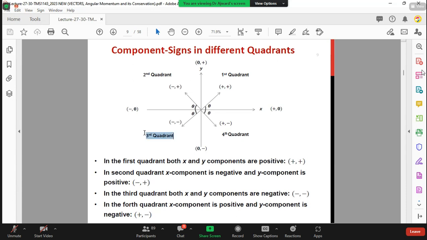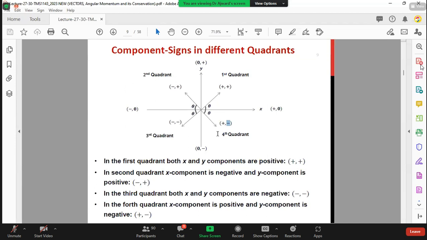And in the third quadrant, what happens? Both x and y components are negative. Right? And in the fourth quadrant, this one, the x component is positive, the y component is negative because it's below the x-axis.